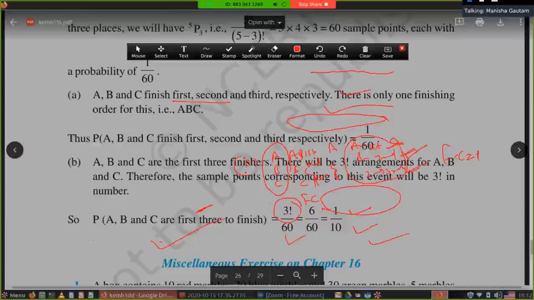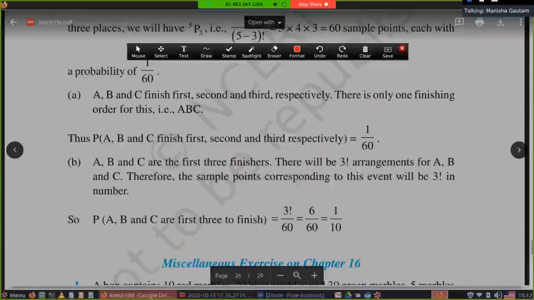If in the second part we consider these 3 persons who complete the race in these positions, any one of these 3 can be first, second, or third. It means 3 factorial ways are there. So 6 upon 60, and 1 upon 10.